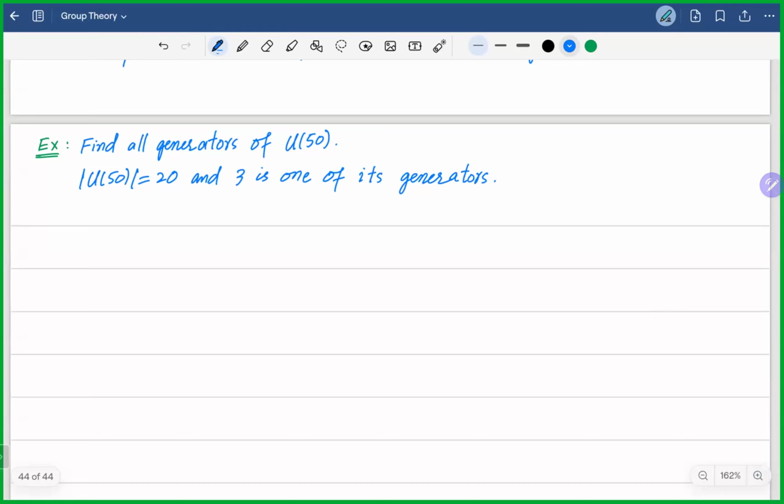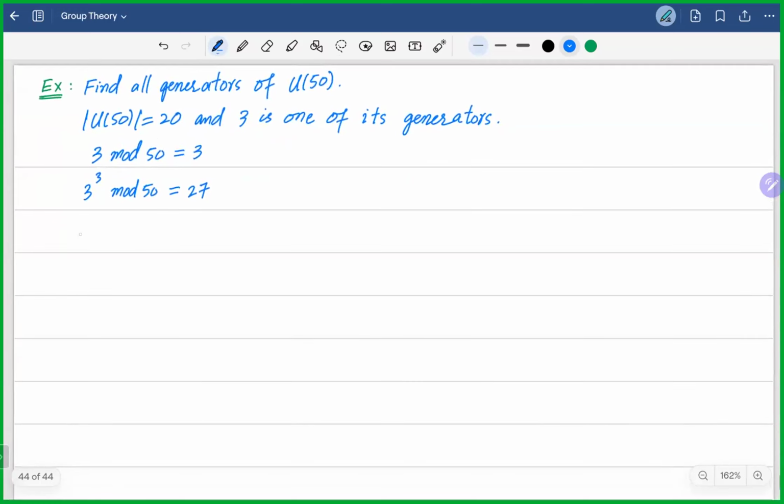Now, in view of corollary 3, the complete list of generators for U of 50 is, we check: 3 cubed mod 50 is 27. 3 to the power 7 mod 50 is 37. 3 to the power 9 mod 50 is 33.